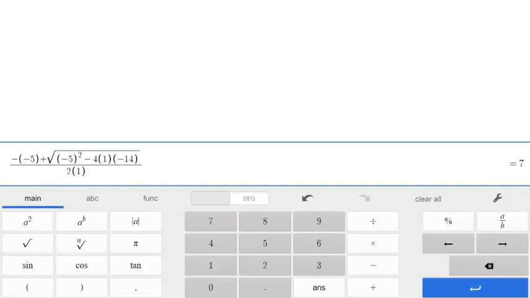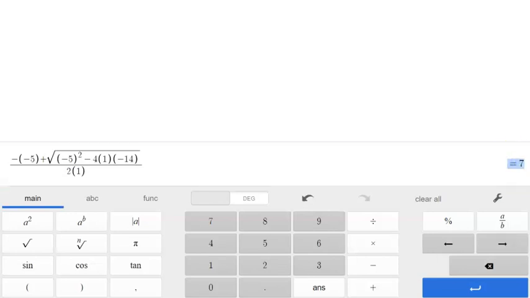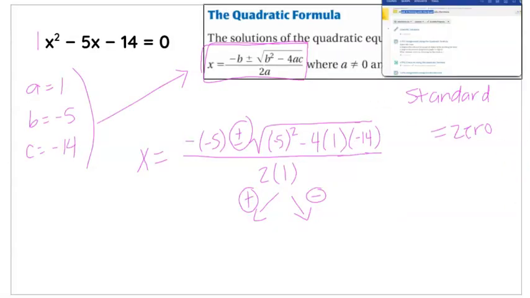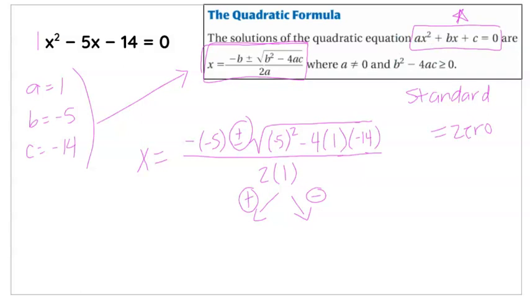You can use your keyboard on your laptop to type these in, or this on-screen keyboard, whatever works better for you. Your answer will show up over here on the right where it says equals, so equals 7. So when we had the plus, it was 7.